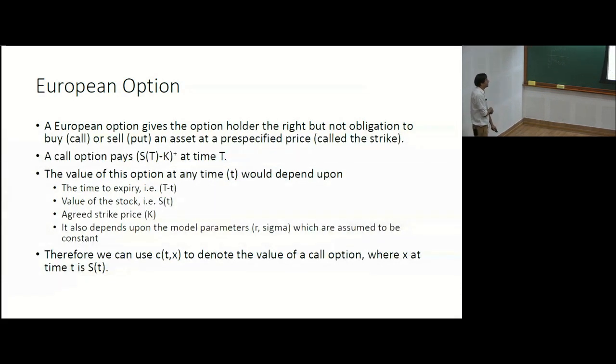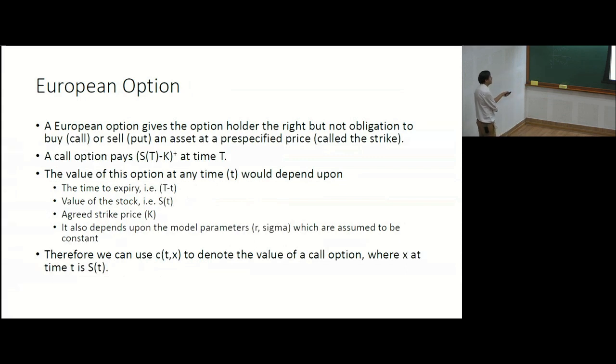Now we look at a call option. So it doesn't really matter if it's a call or a put, but for our example, we take it as a call option. So you look at a European call option, which has this definition. And its value at capital T is known, right? So the boundary condition is known and is equal to (S_T minus K)^+.